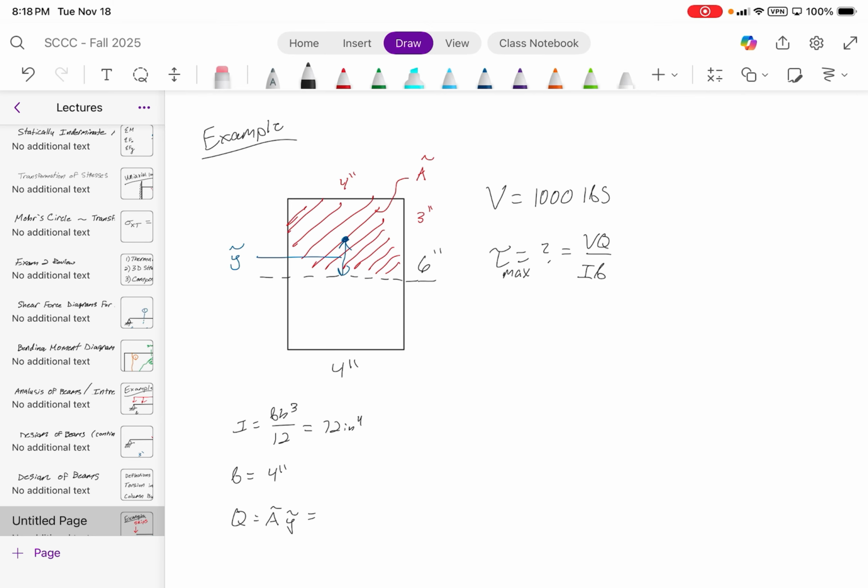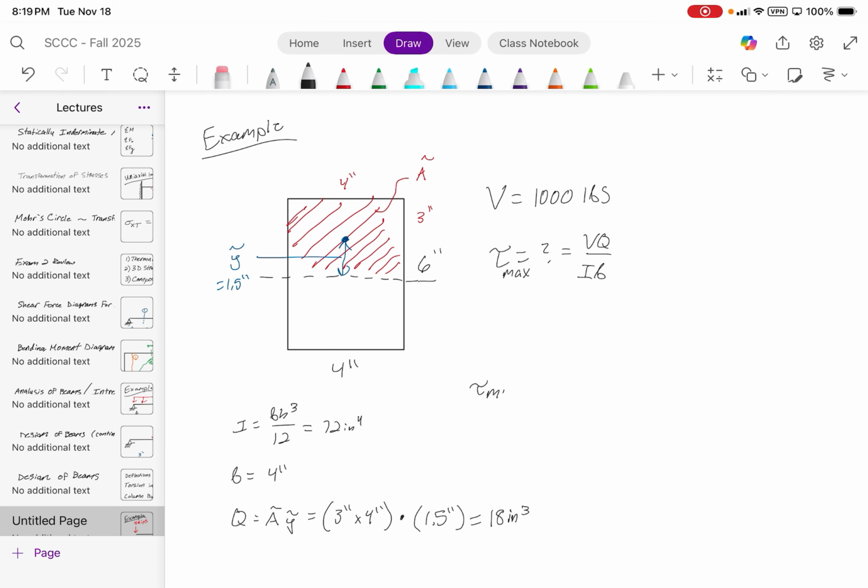That means your area is just the 3 inches times the 4 inches, times this y bar here, which is equal to 1.5 inches. So that's 12 times 1.5. What is that? 18 inches cubed.